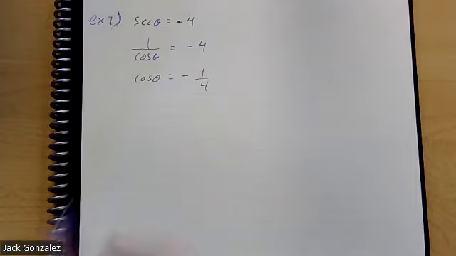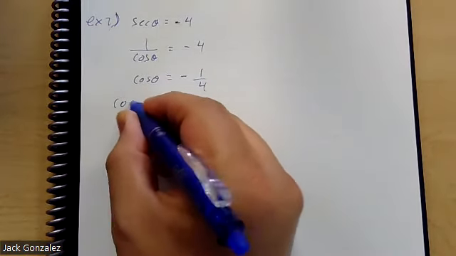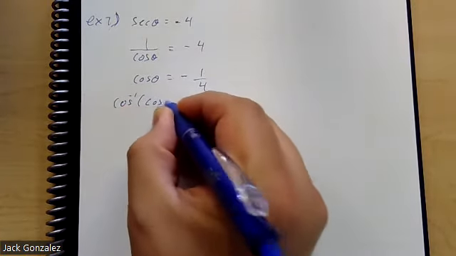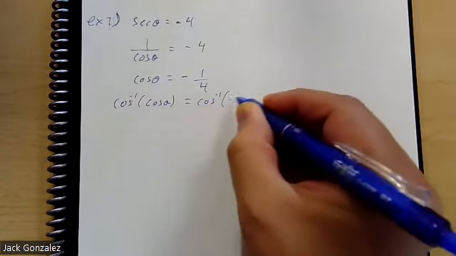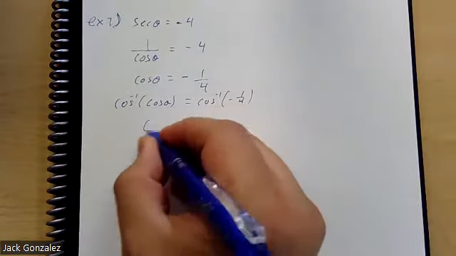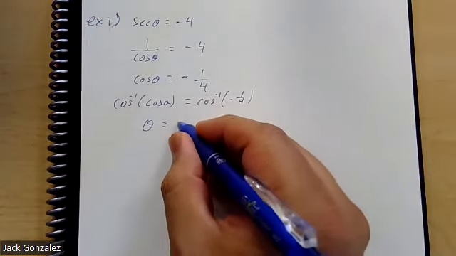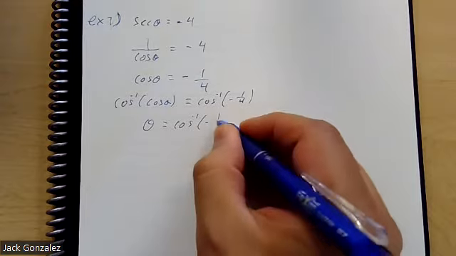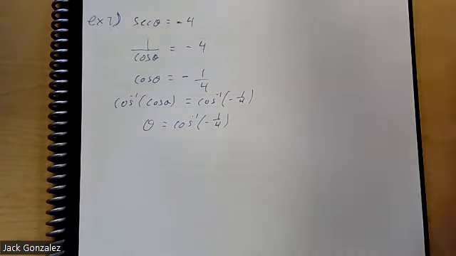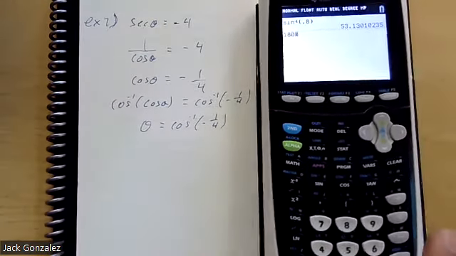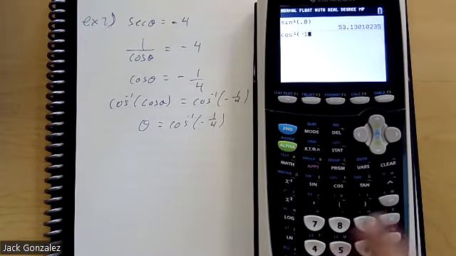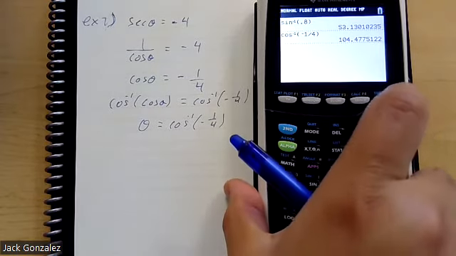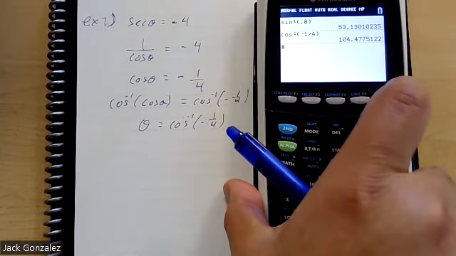Inverse cosine of both sides will give us our theta. Negative 1/4 is not on the circle. I got to do it with the calculator. 104. Let's round to 1 decimal. 104.5.